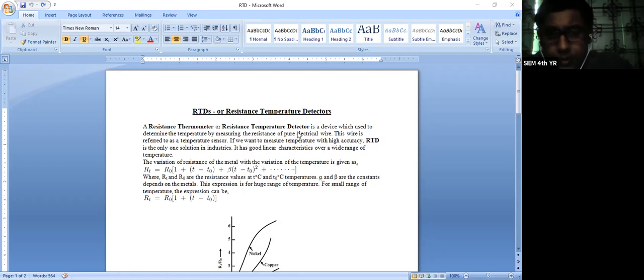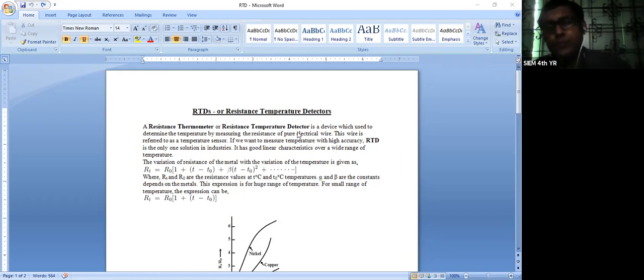Now it should be mentioned in this context that the RTD has good linear characteristics over a wide range of temperature.